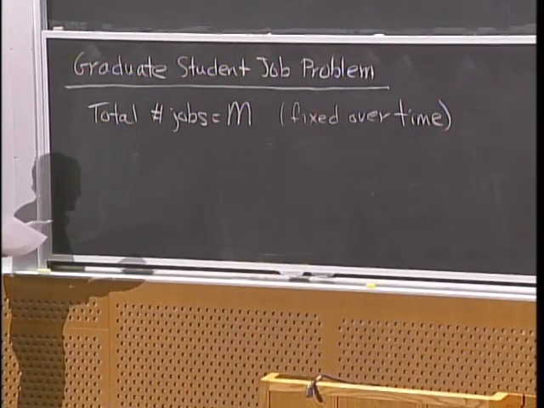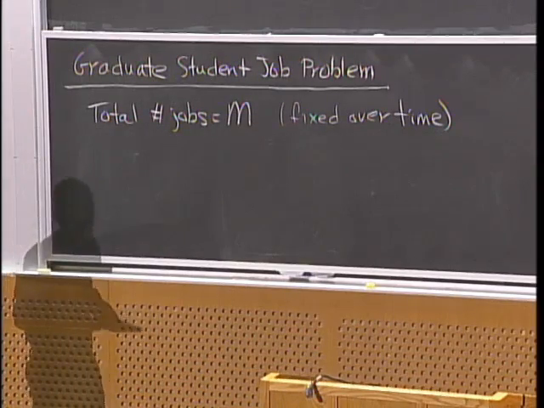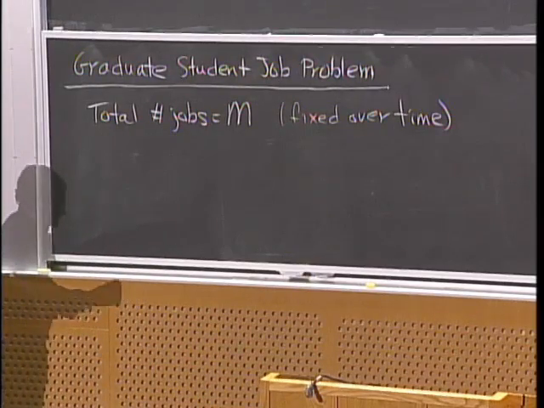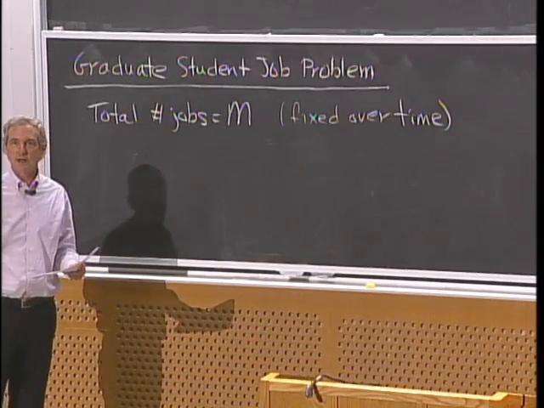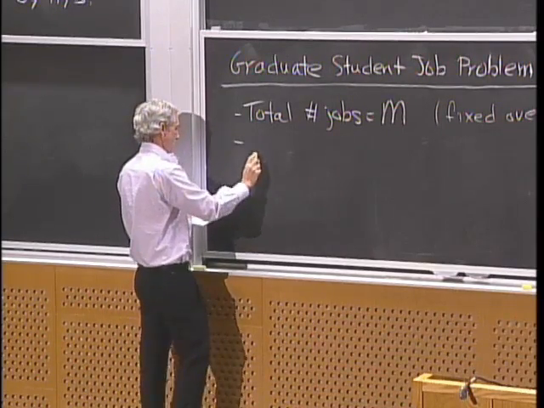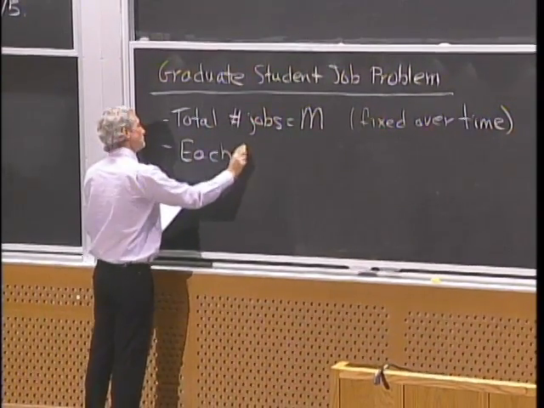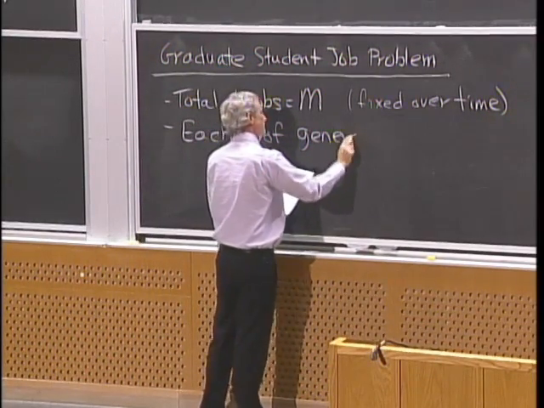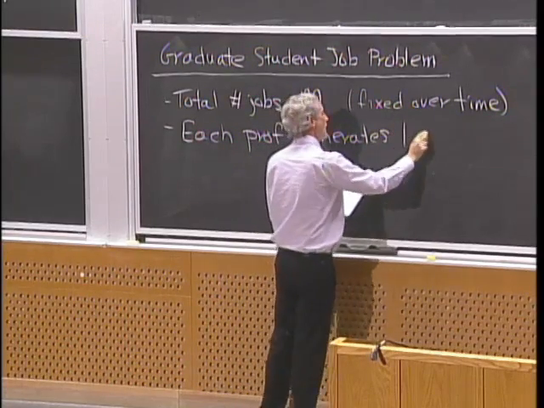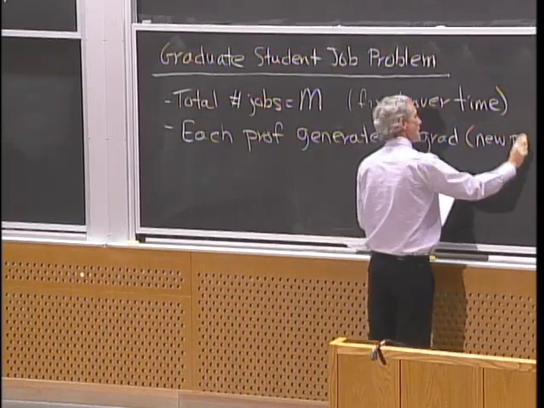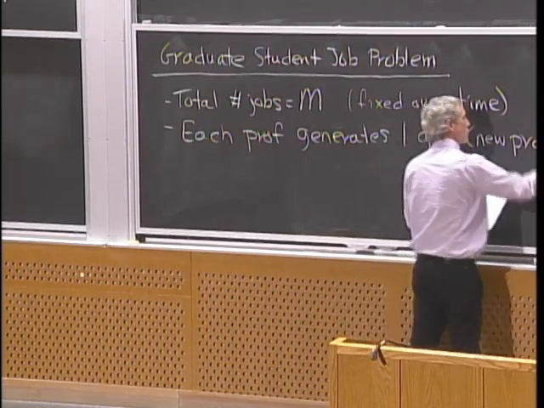And every year, professors generate more graduates who become professors. And in particular, we're going to assume that in this field, every professor graduates one student who goes on to become a professor, or tries to if there's jobs. So each professor generates one graduate who becomes a new professor, as long as there's jobs, per year.